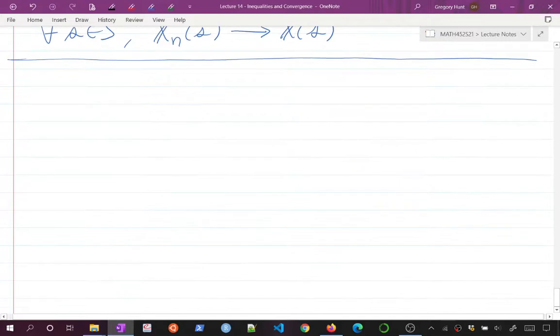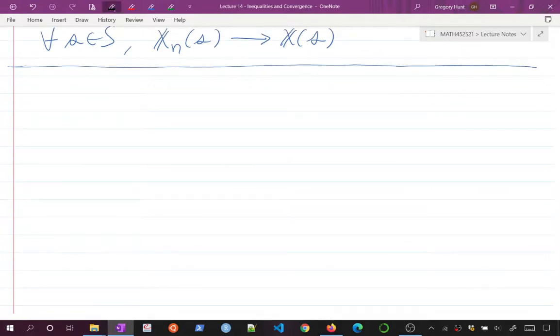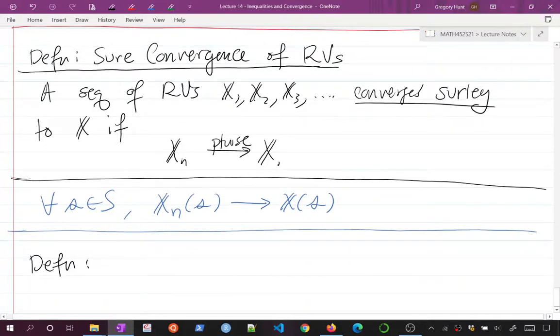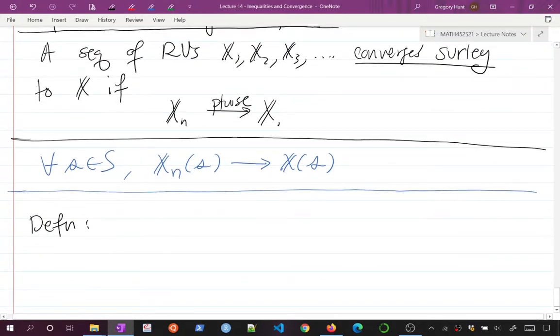So here's where my mantra about probability will come in. We can define sure convergence, which people typically just gloss over, and skip right ahead to what we're more interested in, which is called almost sure convergence.